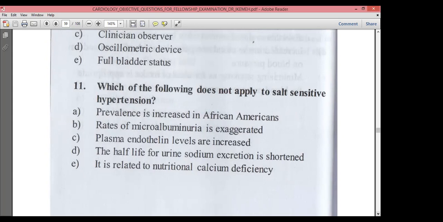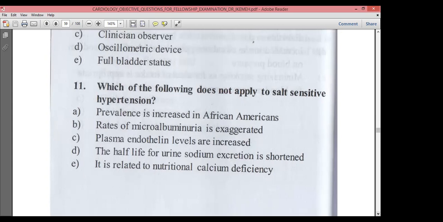But the central theme is that you have certain people who, when they take in a load of salt, get a significant increase in blood pressure. And if you give them diuretics that cause them to excrete sodium and water, within a 24-hour period you can measure a significant drop in the blood pressure.